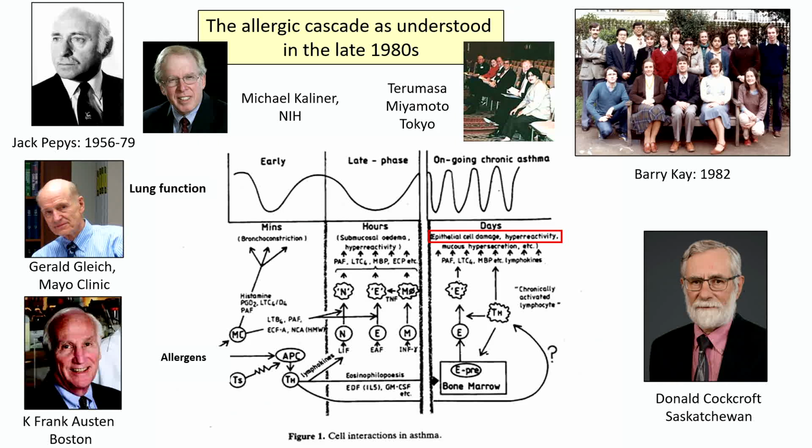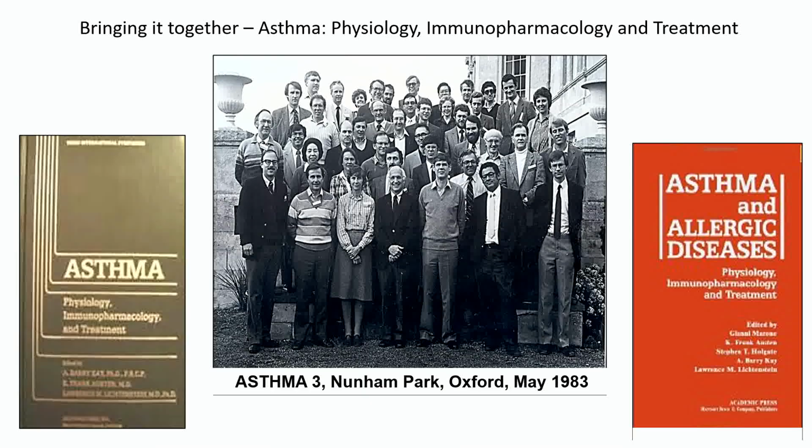Early and late reactions, hyperreactive airways following allergen exposure, a whole variety of inflammatory cells, in particular, obviously the mast cell, the eosinophil, but now we were beginning to see the lymphocyte starting to make its appearance, the T helper cell, as you can see on the far right there. And it was Barry Kay's group in particular who was very interested in that particular cell type, but also Mossman and colleagues in the US were starting to work on the type of T cells that were contributing to this eosinophil and mast cell and IgE reaction.